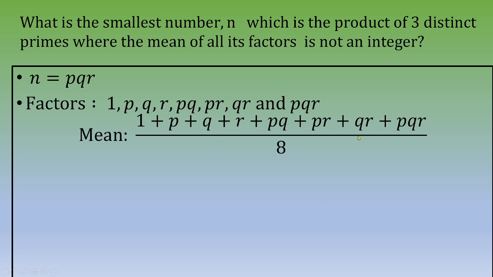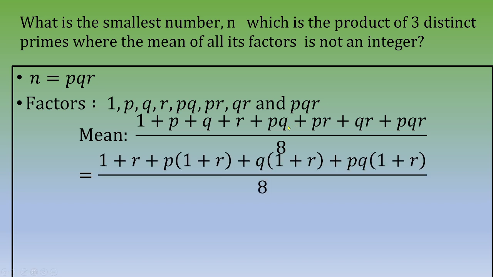This is q and qr. If you factor by q, you end up with q times 1 plus r. And this is pq and pqr, and if you factor by pq, this is pq times 1 plus r.